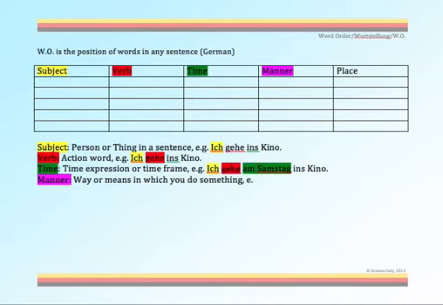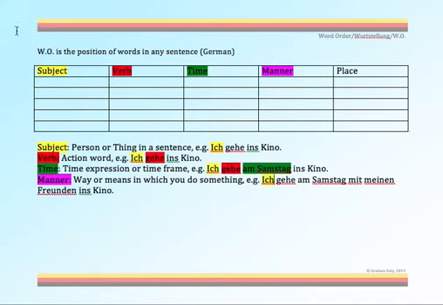The example here is: Ich gehe am Samstag mit meinen Freunden ins Kino.